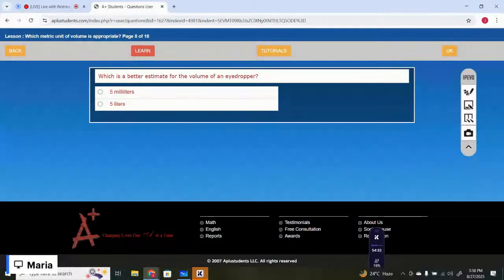Which is the better estimate for the volume of an eyedropper? It would be 5 ml. 5 liters is too much for an eyedropper.